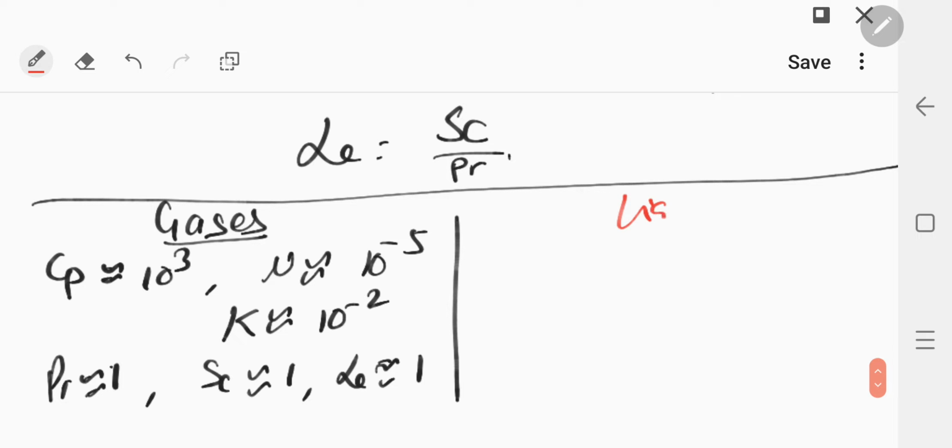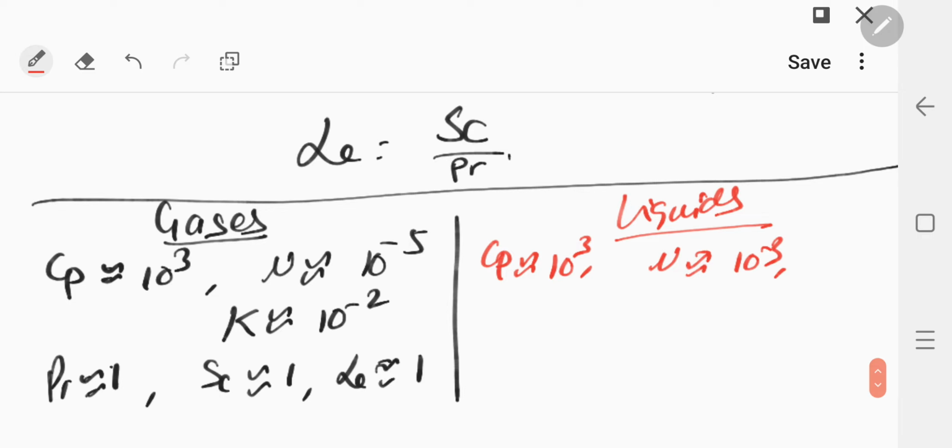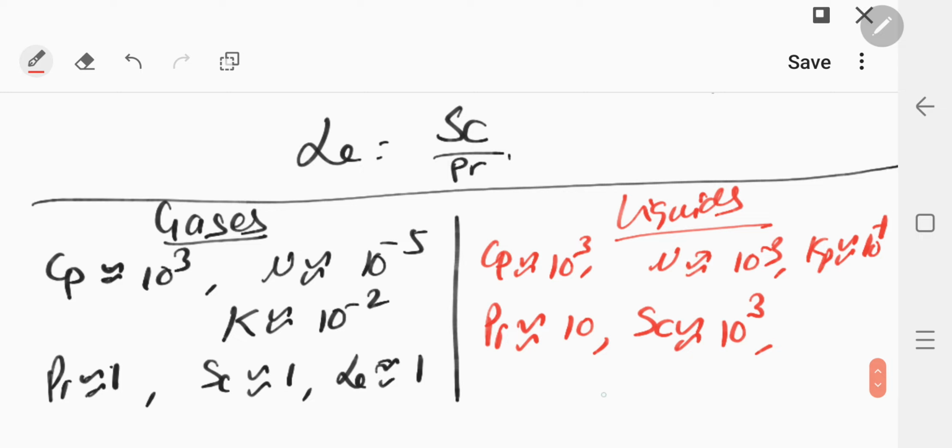Whereas for liquids, the specific heat is approximately 10 raised to power 3, the viscosity is approximately 10 raised to power minus 3, and thermal conductivity is 10 raised to power minus 1. So the Prandtl number for liquids is approximately in a range of up to 10, the Schmidt number 10 raised to power 3, and the Lewis number again 10 raised to power 2.